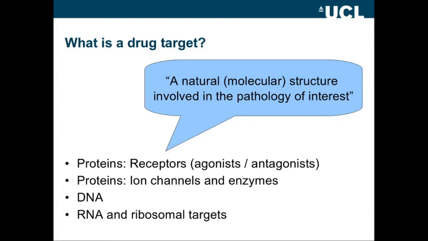They can be proteins like ion channels and enzymes. They can also be DNA in the case of things like cancer. And these days there's a new interest in RNA and ribosomal targets. But for the bulk of this lecture, we will really be talking about protein targets.